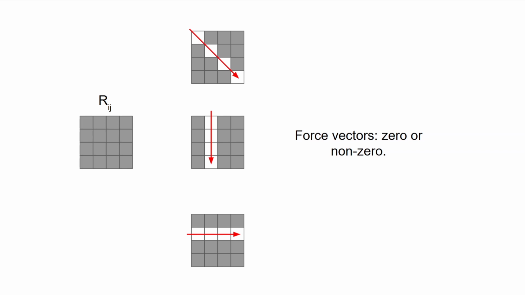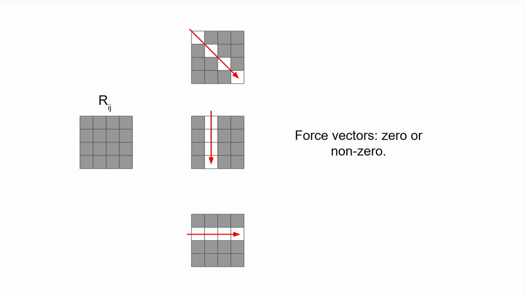You might have something that's diagonal, or vertical or horizontal across the matrix. Those are the force vectors. It's describing different orientations of forces throughout the structure, and we can calculate the forces for that. And then we can say things about the structure.